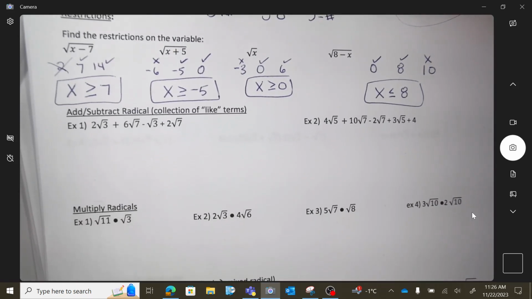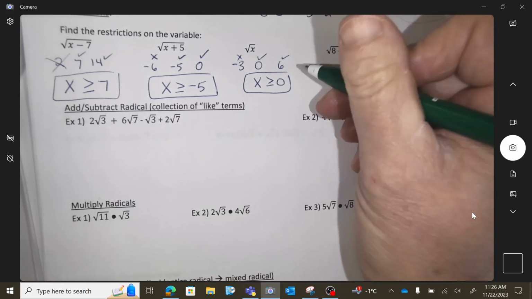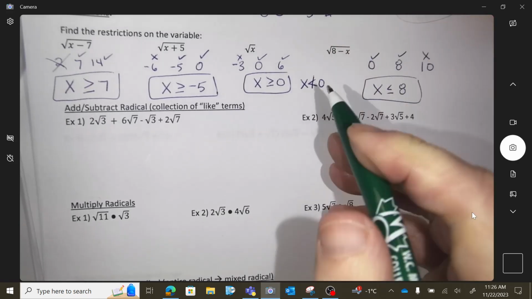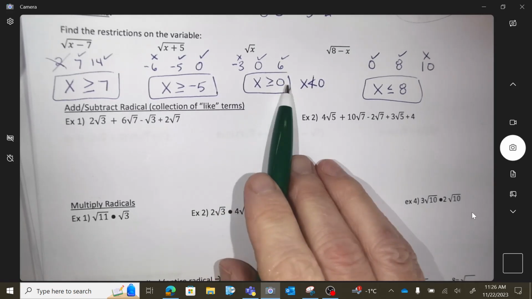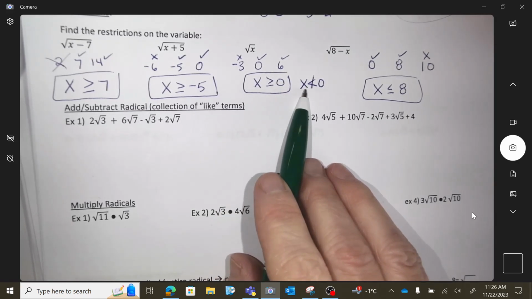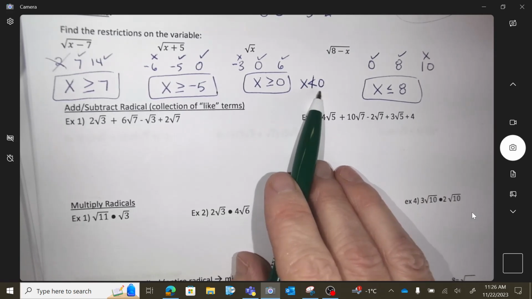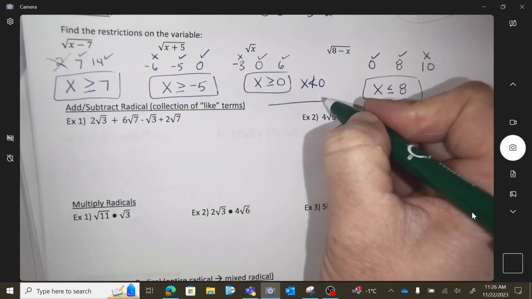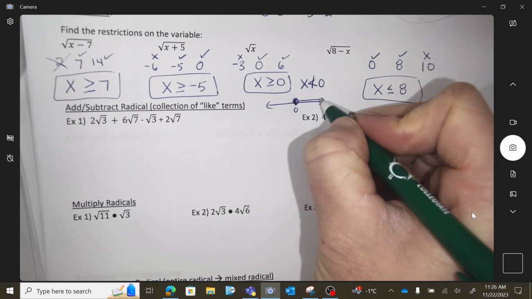On your answer key, I might have this written. I might also have this, so if you're confused, I just want to explain what is going on. This means the same thing. This says x has to be greater or equal to 0, and this says x can't be less than 0. But it all means the same thing on a number line, right? On a number line, you could be at 0 or above it.